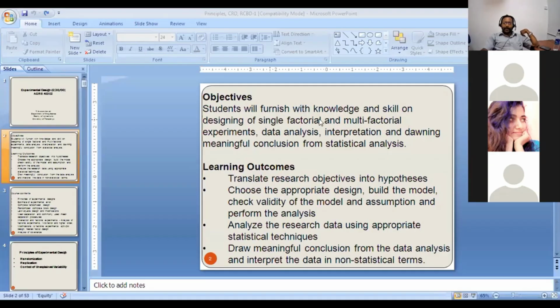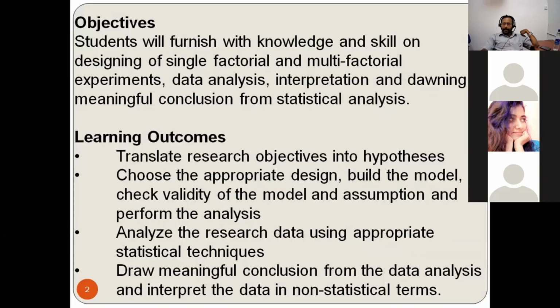Okay. So, what do you mean by statistics?